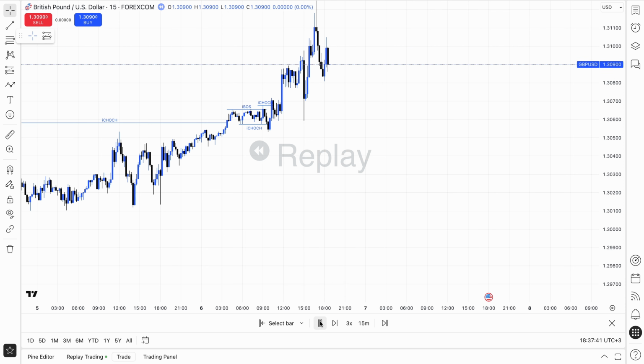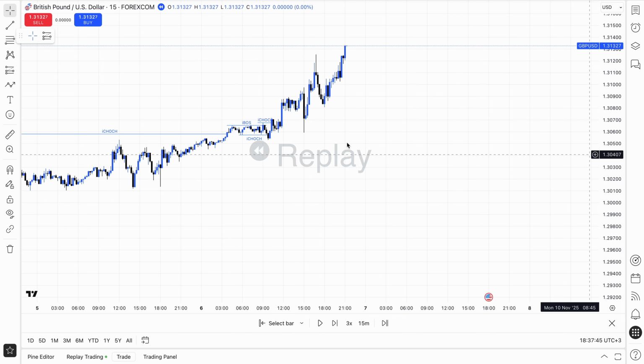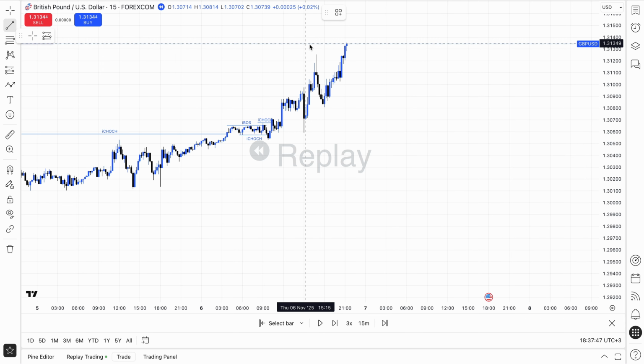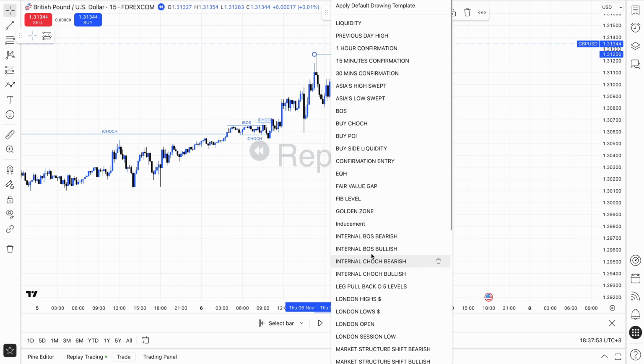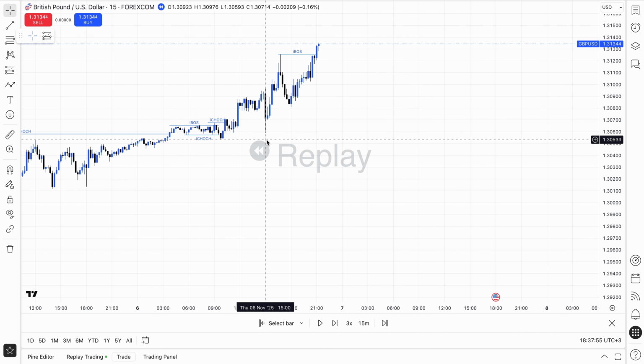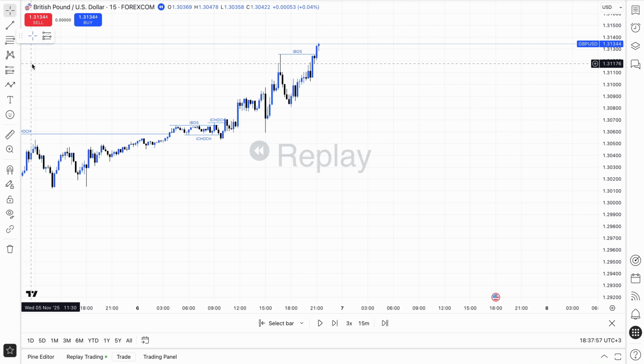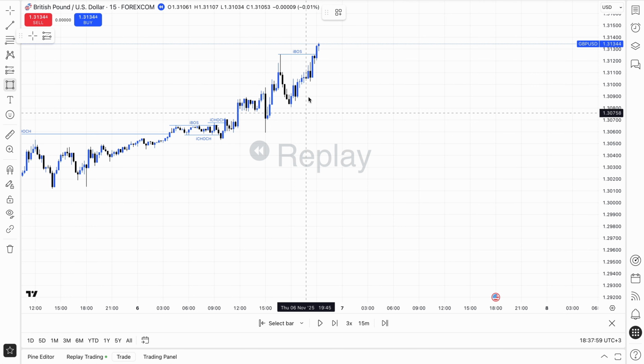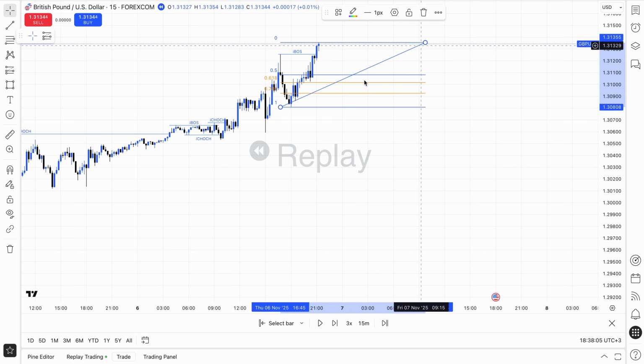Then the price came and we had this pullback. You can see we had this pullback to the downside, and then we had our break of structure to the upside, right? That means we had our demand zone here. We had 2 demand zones. We had the first one, but it was above our discount zone.